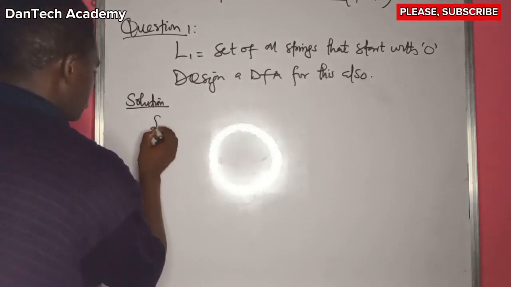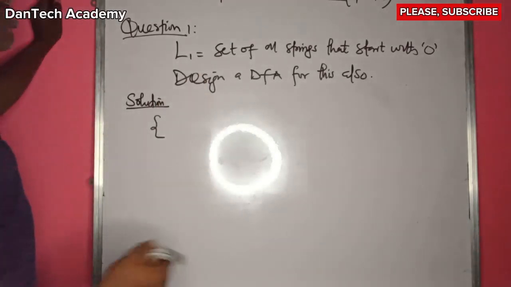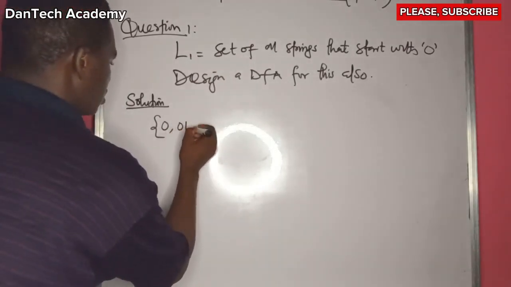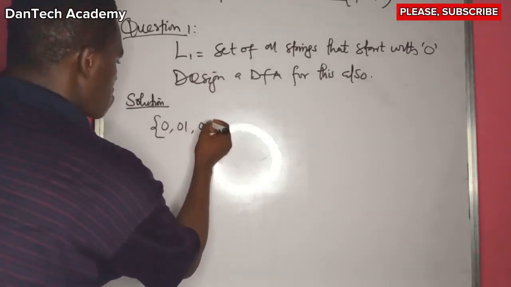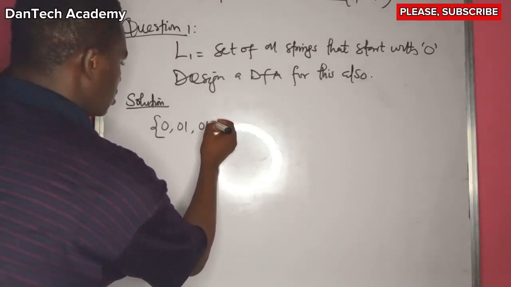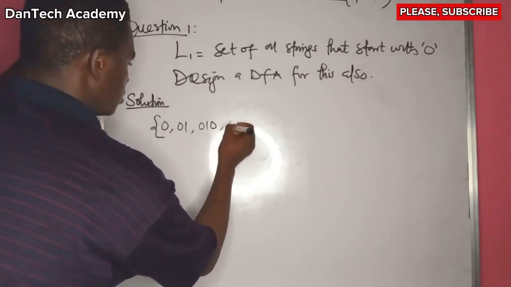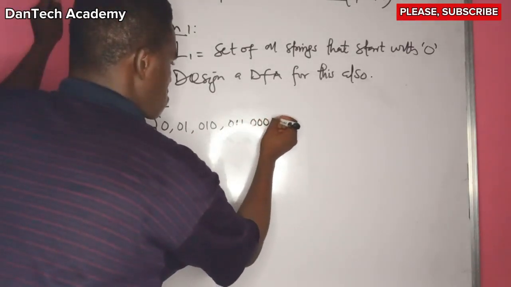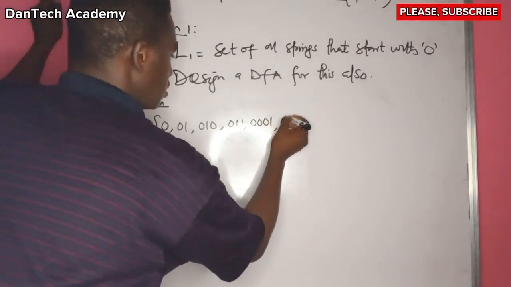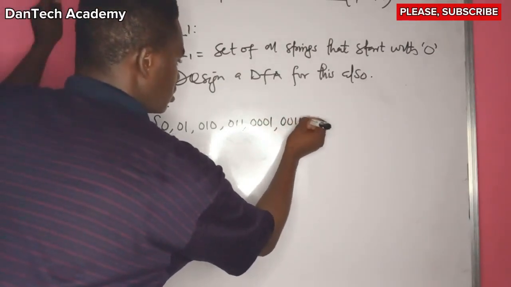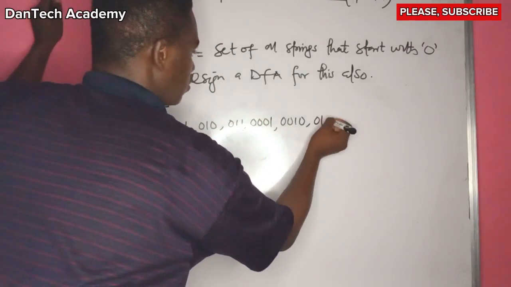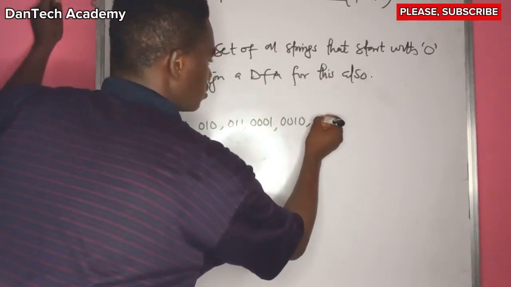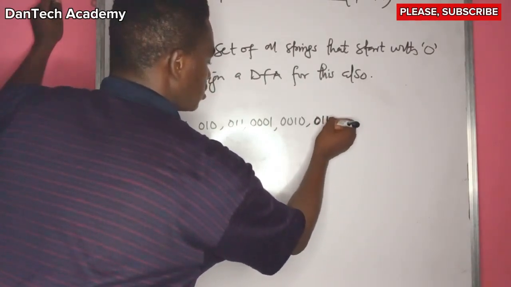We have our solution. Set of all strings that begin with 0. So we could say 0, and the next one is 0, 1, 0, 1, 0, 0, 1, 1. We could also say 0, 0, 0, 1, 0, 0, 1, 0, and 0, 1, 0, 0, 0, 1, 1, 0.